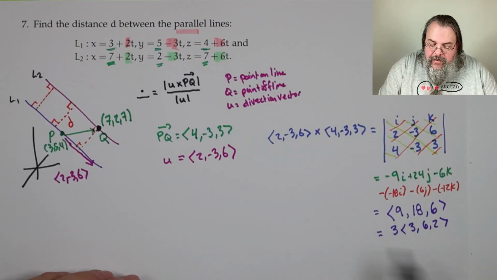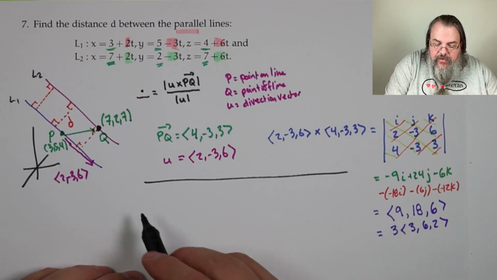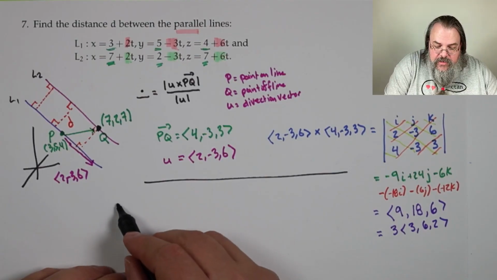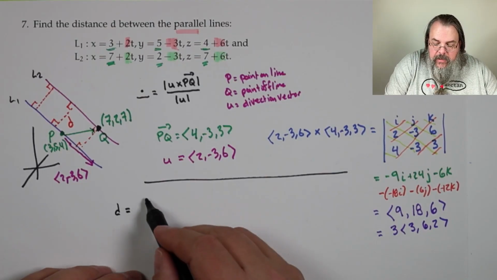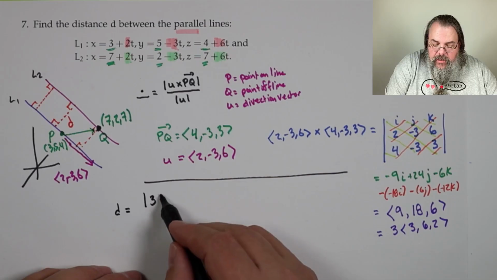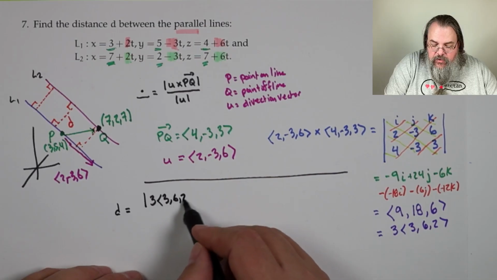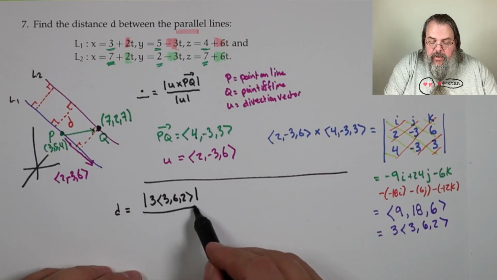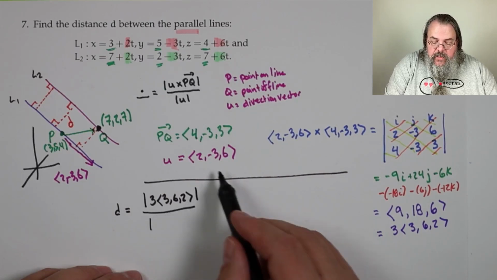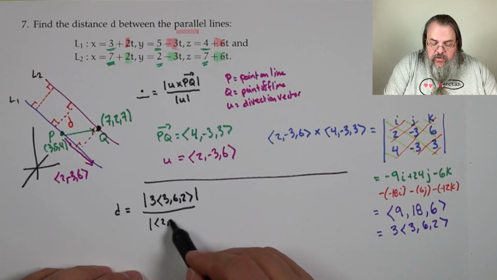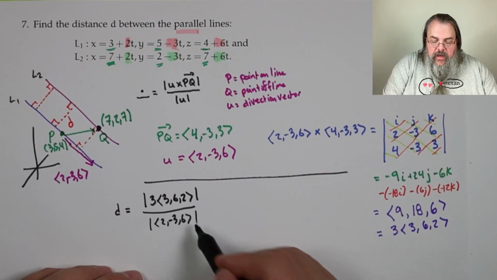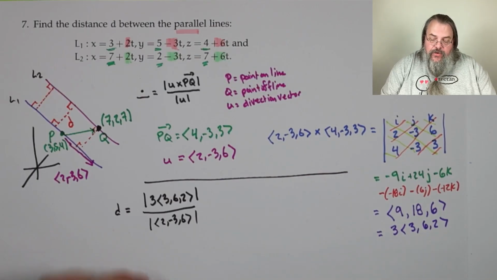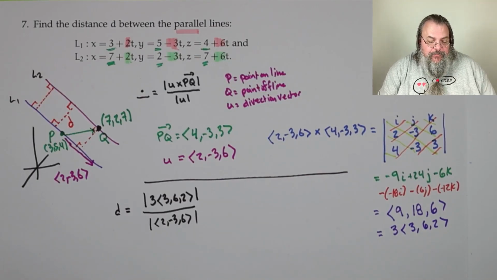Now, that is almost our answer. So our distance, d, is the magnitude of this vector, 3, 3, 6, 2. All right, that's the one coming from the cross product. Divide by the magnitude of this vector, 2, negative 3, 6. Now, here's the great thing about magnitude and scaling factors.